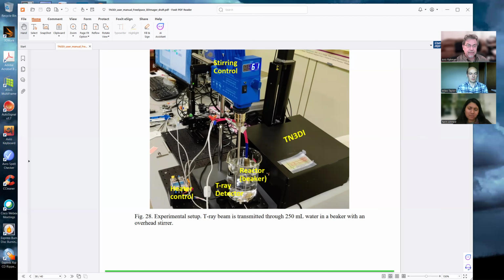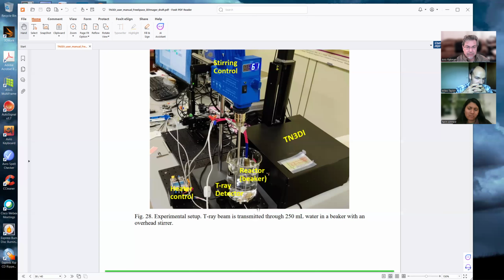So this is a precise heat control. There's a heater controller here, and it can control within 0.1 degree Celsius. So you can set it up for whatever temperature you want, for example 98 degrees Celsius to simulate the stomach fluid.